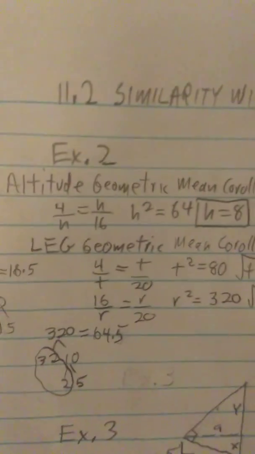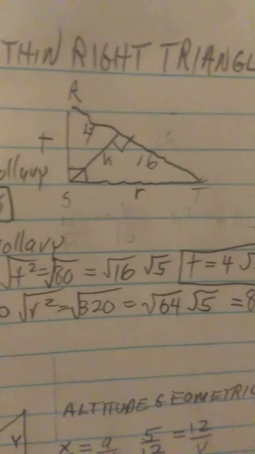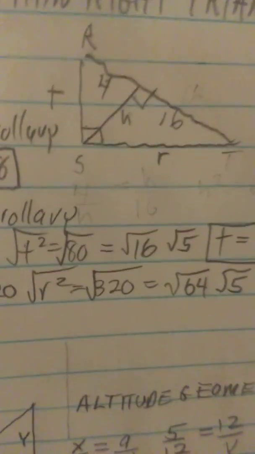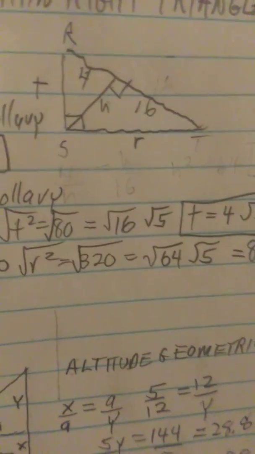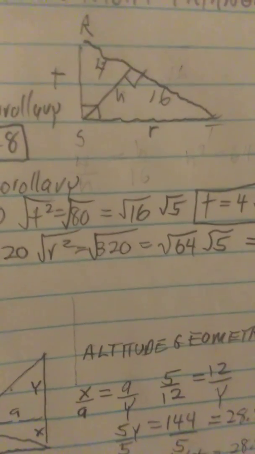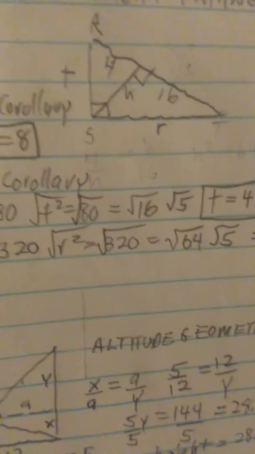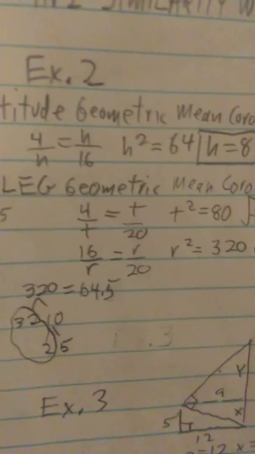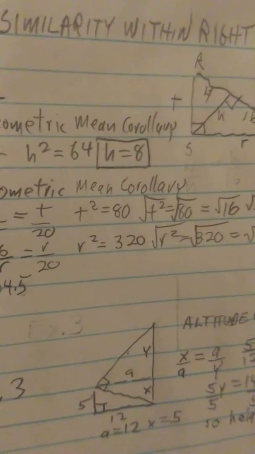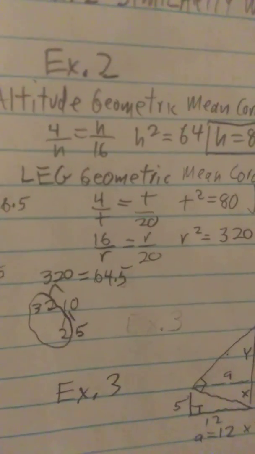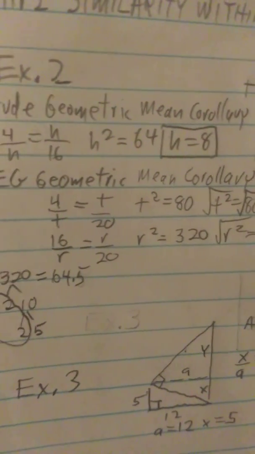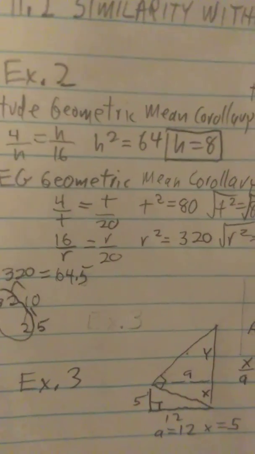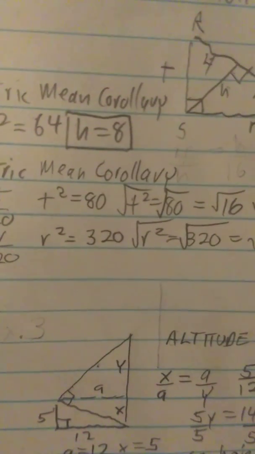And now looking at example 2, where we're going to use these, look at our triangle, triangle RST, with the two parts of the base being 4 and 16, the height, the leg T and the leg R not being known. So to set up for the height, we're going to do 4 over h equals h over 16, or cross multiplying, h squared is 16 times 4, 64, square root of 64 is 8, so h is 8.